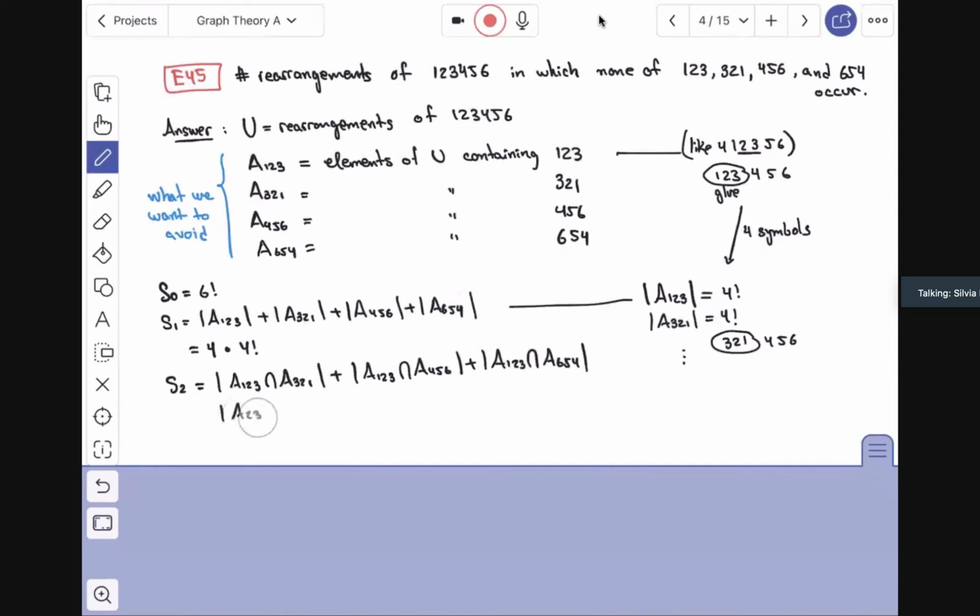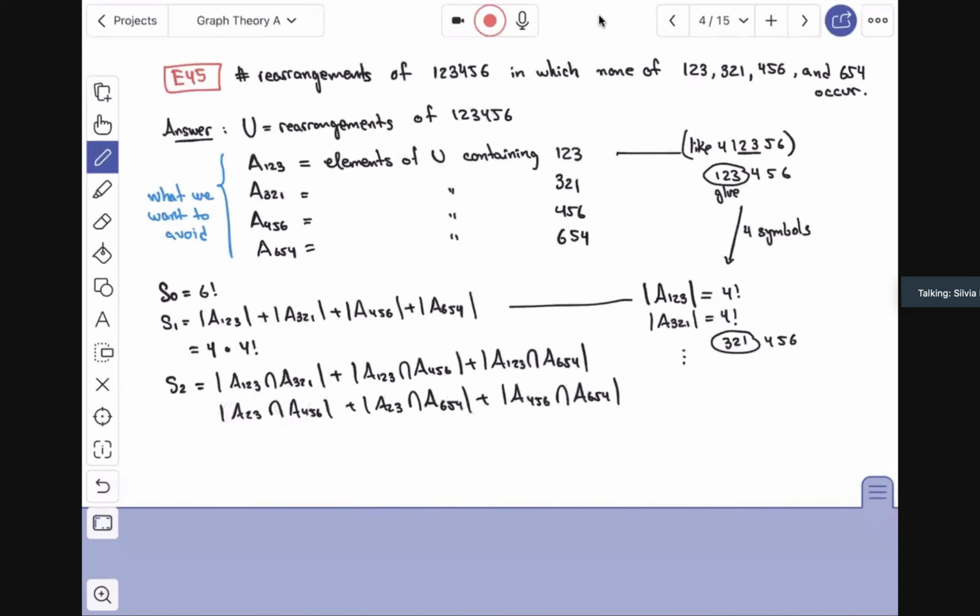So A, 2, 3, intersection A, 4, 5, 6, A, 2, 3, intersection A, 6, 5, 4, and A, 4, 5, 6, intersection A, 6, 5, 4. And so I just need to understand what each one of these means.